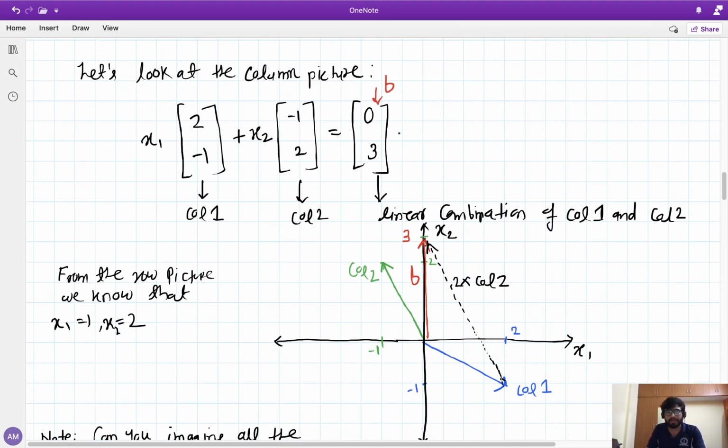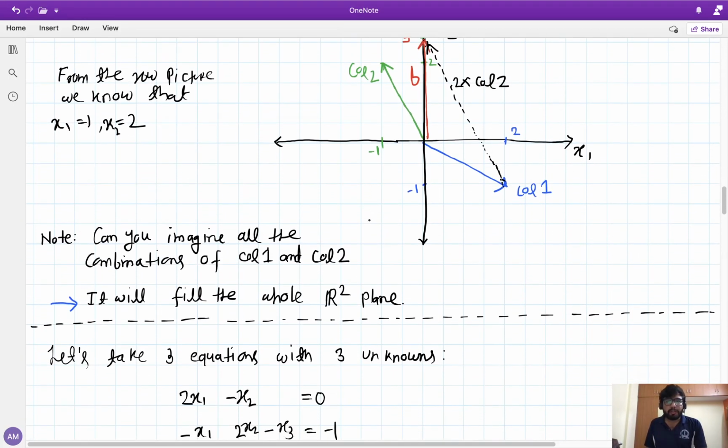So you can see how we can view the system of linear equations in the column picture: we take column 1 and column 2, and we get some x1 and some x2 which lead us to this column, which is b, the red one. So this is the column picture.